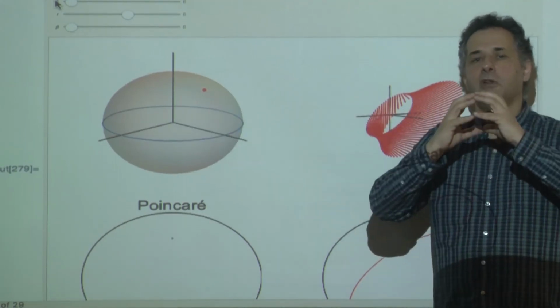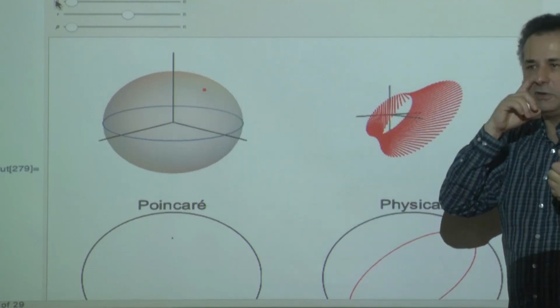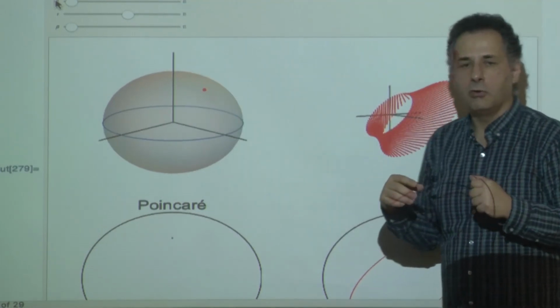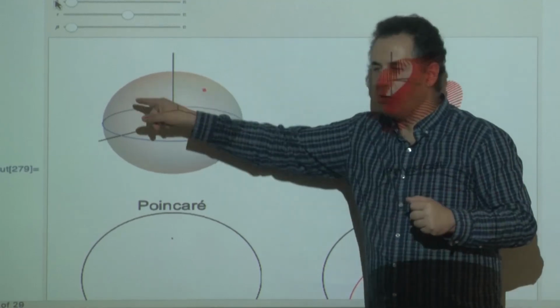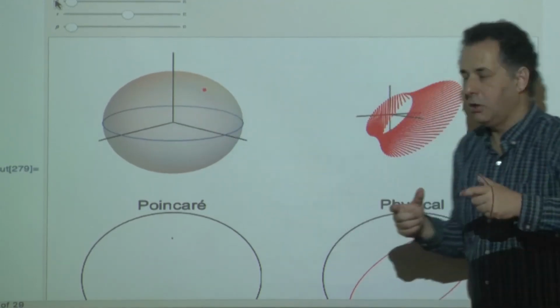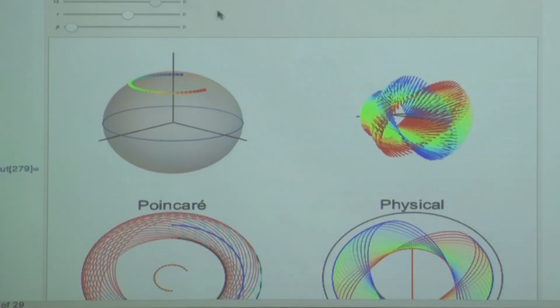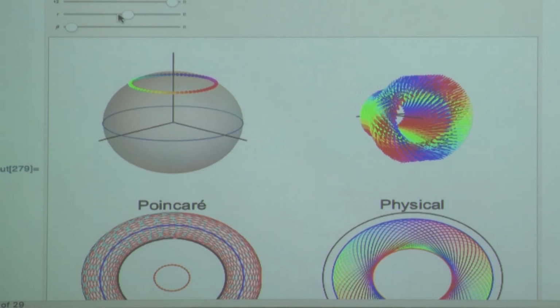Really, you should think not of one sphere, but a bunch of nested spheres, each for a different n. So once you have a circle here, if you specify that and the total order, then the allowed radii that you have for the circle correspond to the p index of the Laguerre Gaussian beam.